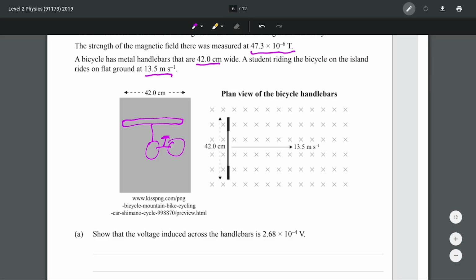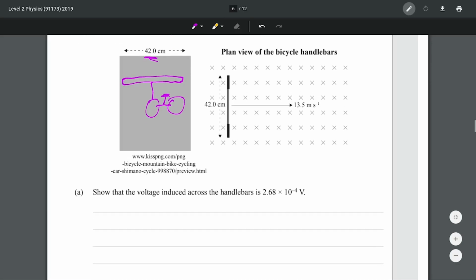So the handlebars are 42 centimeters wide. And we are asked to show that the voltage induced across the handlebars is 2.68 times 10 to the minus 4 volts. So let's first write what we have been given, converting the distance into meters.